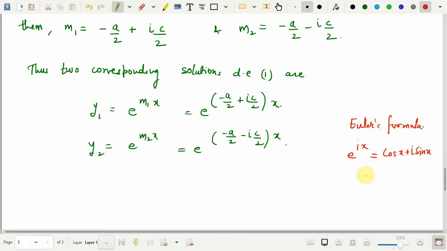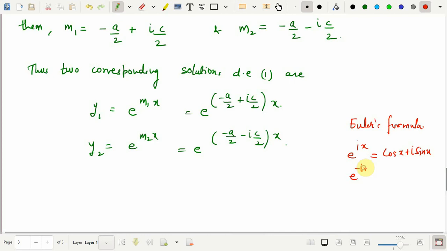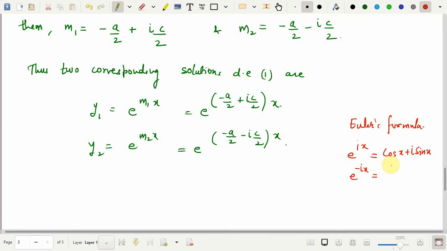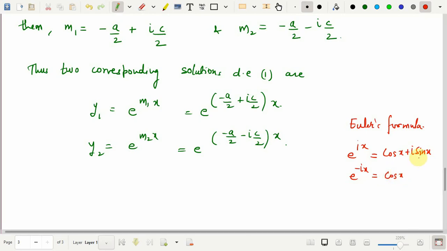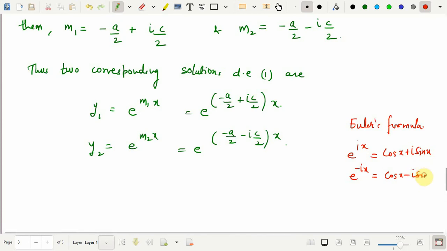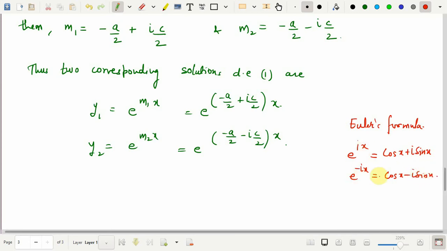You can very easily check that e raised to minus ix, instead of x you have minus x, so cos of minus x, and since cos is even, I can write this as cos x, and sin of minus x changes to minus i sin x. So e raised to ix is the complex conjugate of e raised to minus ix and vice versa. So I'm going to use this formula.